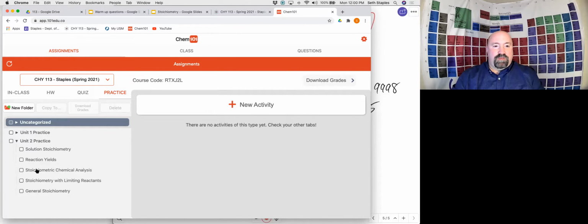But then also some stoichiometric chemical analysis. Something's glitching with mine right now, but if you go into this, you can definitely work those practice problems. There are some practice problems associated with combustion analysis right in Chem 101.